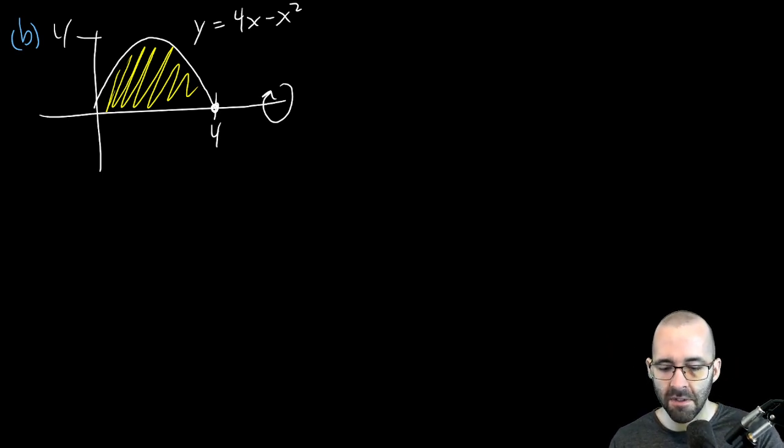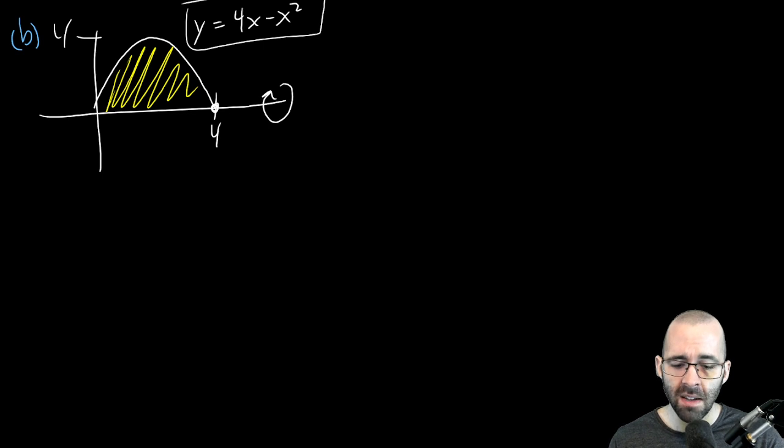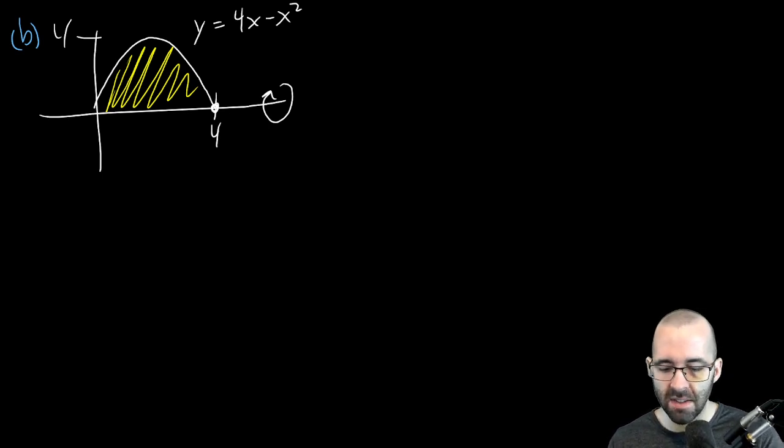Getting this solved for x, getting this in terms of y, is not easy. It's going to require us to split things up twice. So I'm not even going to write the shell method for this one. Let's just do the disk method. And again, disk method says that each one of these is a disk.